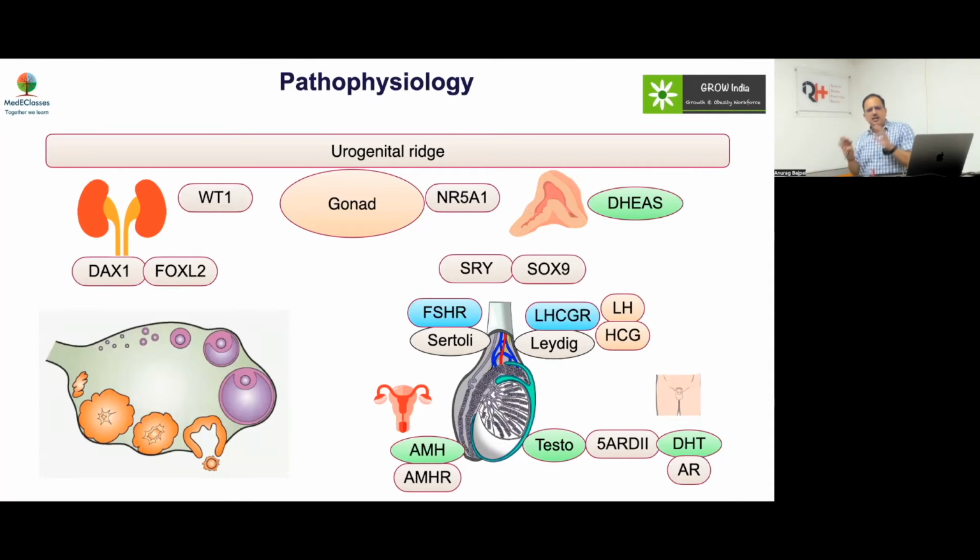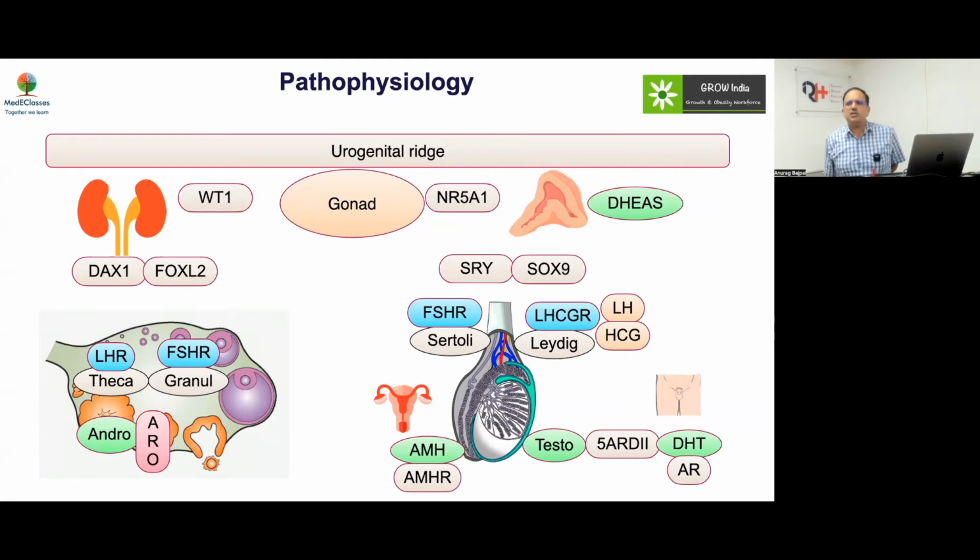On the other hand, in the absence of SRY and SOX9, in the presence of FOXL2 and DAX1, you have ovarian development, which is largely a passive process but supported by various genes, wherein you have the theca cells, which produce androgens, and the FSH-regulated granulosa cell, which produces aromatase to produce estradiol.